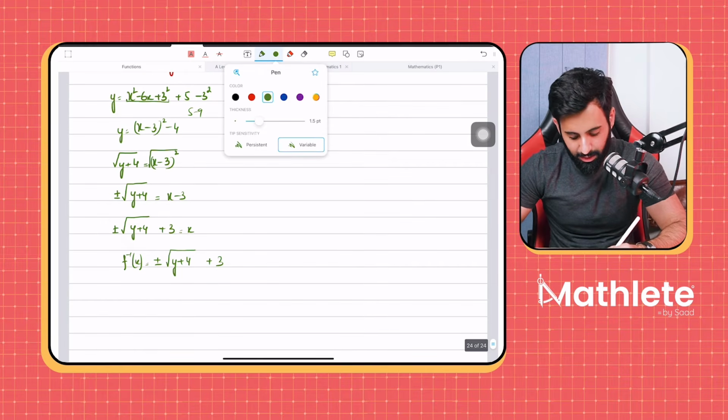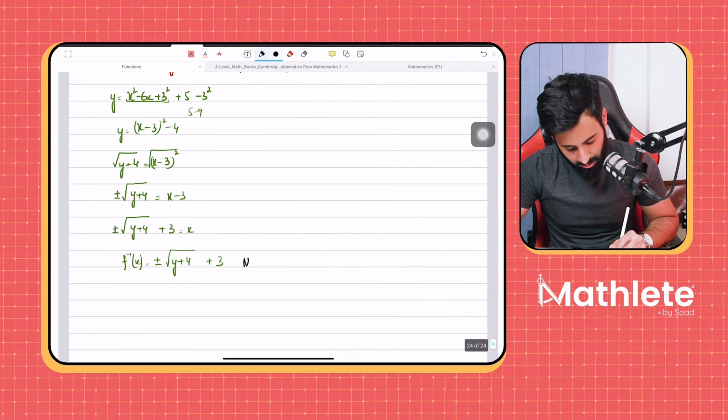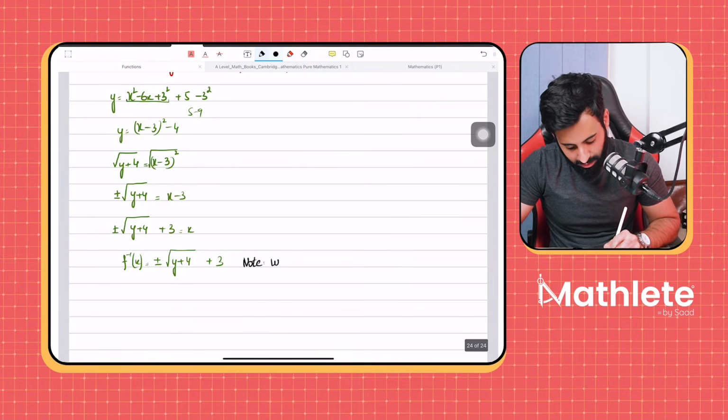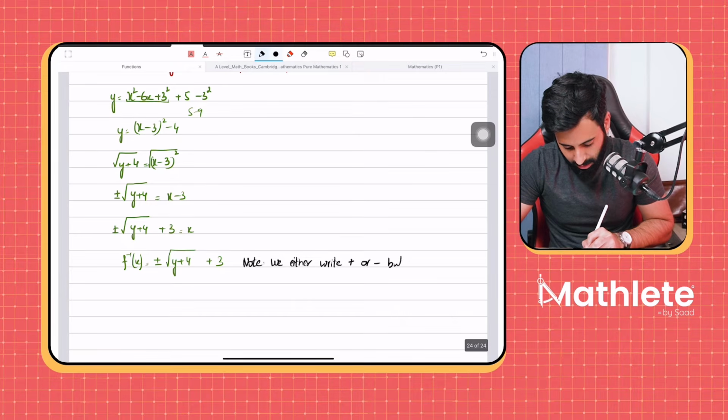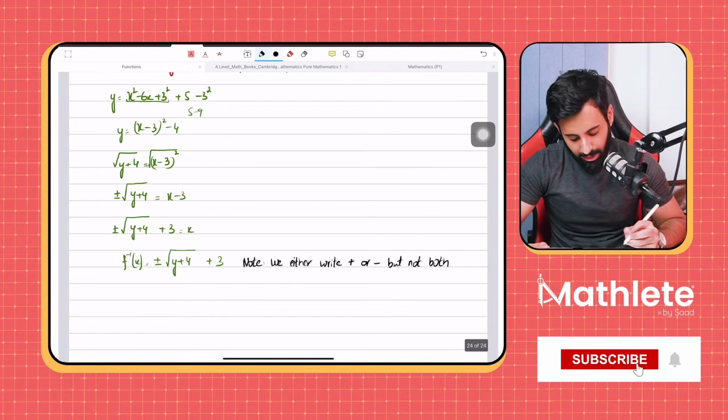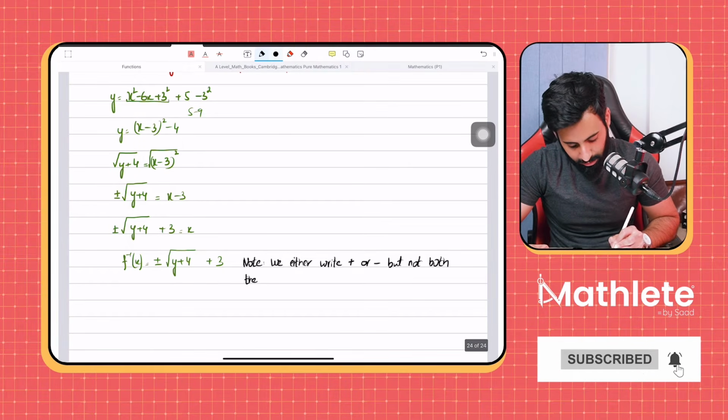Okay, and I'll write down a very important note over here. So the note is that we either write plus or minus, but not both. Okay, and the question is, how do we determine whether it's plus or minus? So let's write another note for that.